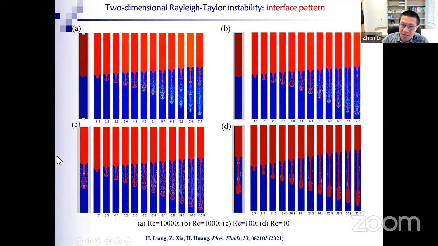For example, for case 1, you simulate the Rayleigh-Taylor instability with a Reynolds number of 10,000. Do you need any turbulence model to describe the Reynolds stress in this flow problem, or do you not introduce any turbulence model in this case?